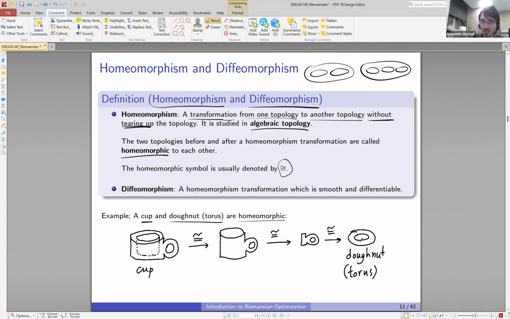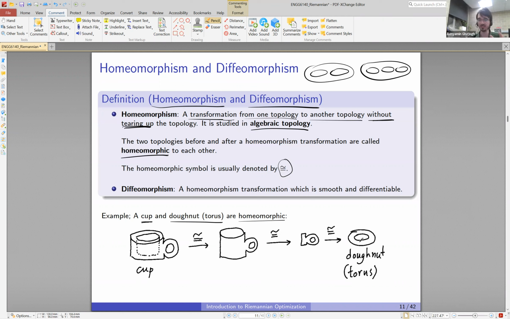What do I mean by tearing up? It means several things. One thing is that I might completely tear it up to become 2 disjoint topologies, or I forcefully add some hole in it, right? It doesn't have any hole.